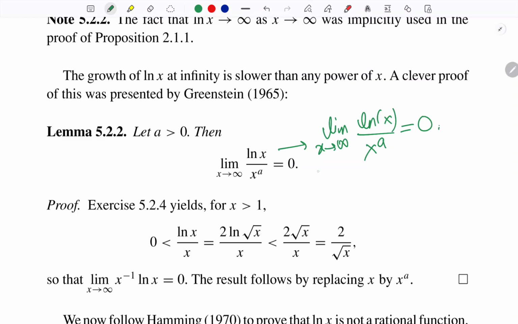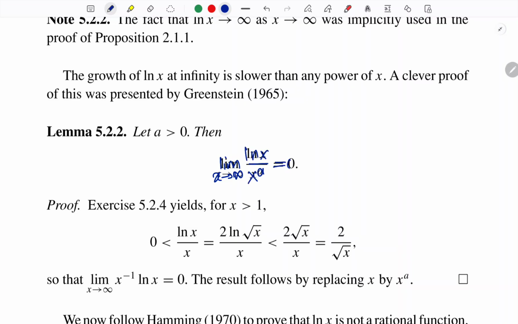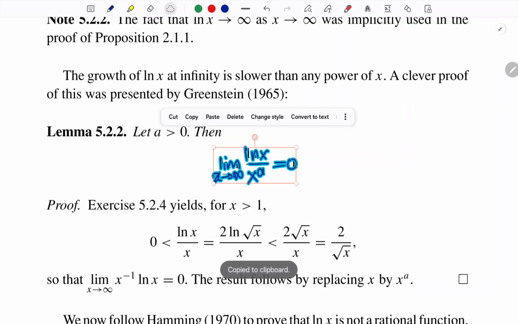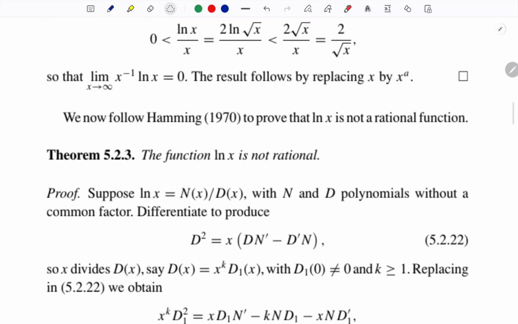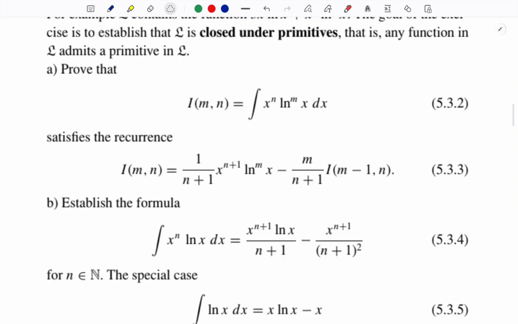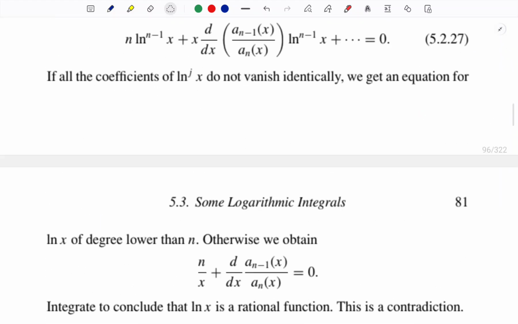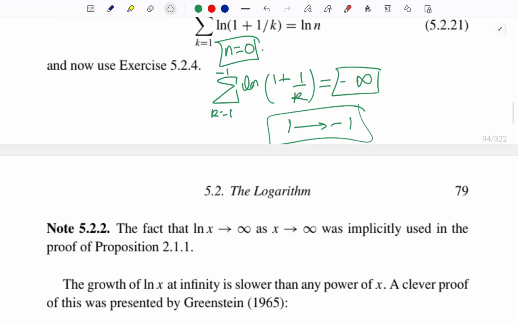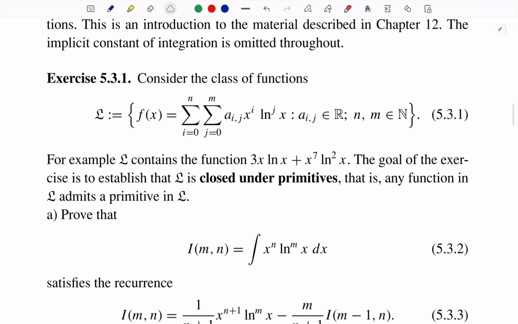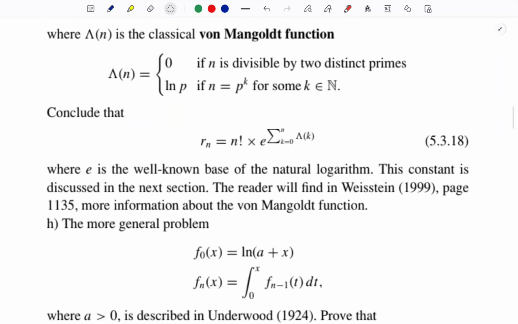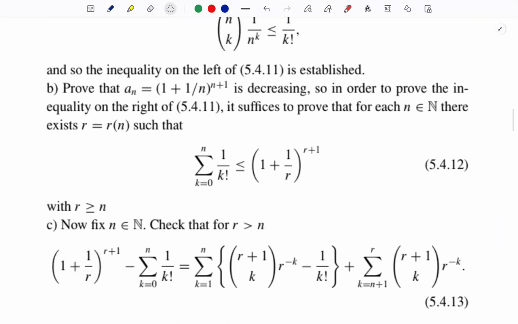I have to copy this and prove it. I have to find a blank page. Don't forget, page number 79. Keep remembering that, page number 79.